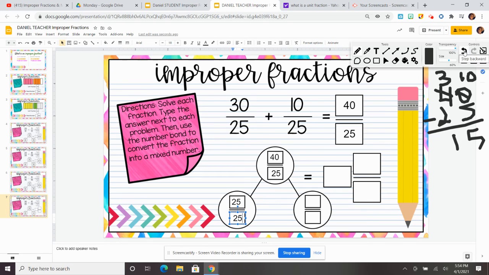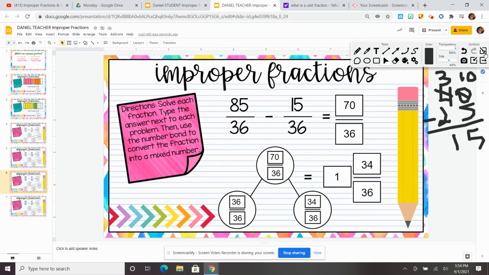So my difference is 15. Alright, so 15, and then the denominator stays the same. Alright, so I have 1 and 15/25 as my answer. Alright, so that is basically what you're doing today, and then I'm going to delete this.